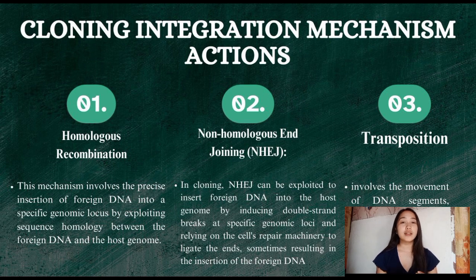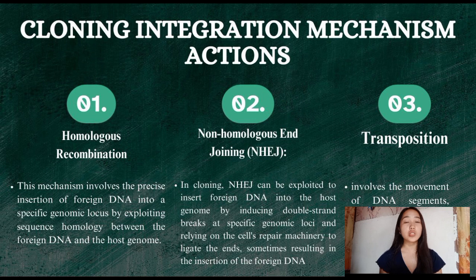The second mechanism of action is non-homologous end joining. Non-homologous end joining is a mechanism that joins two ends of DNA molecules together regardless of the sequence homology. In cloning, non-homologous end joining can be exploited to insert foreign DNA into the host genome by inducing double-strand breaks at specific genomic loci and relying on the cell's repair machinery to ligate the ends, sometimes resulting in the insertion of the foreign DNA.